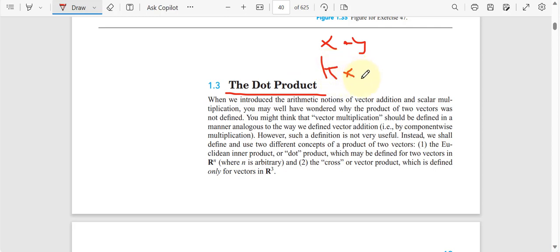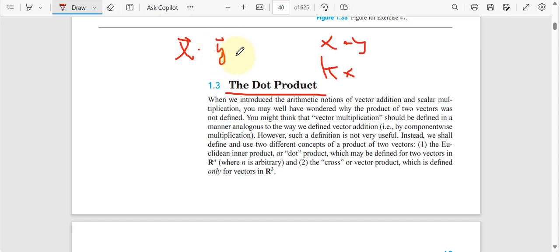But we didn't talk about multiplying two vectors together. There are several ways that we can define that, and we use different symbols for the different ways. The way they're going to talk about now uses the symbol dot. Here we have a vector x, and then the dot. And this is called the dot product.